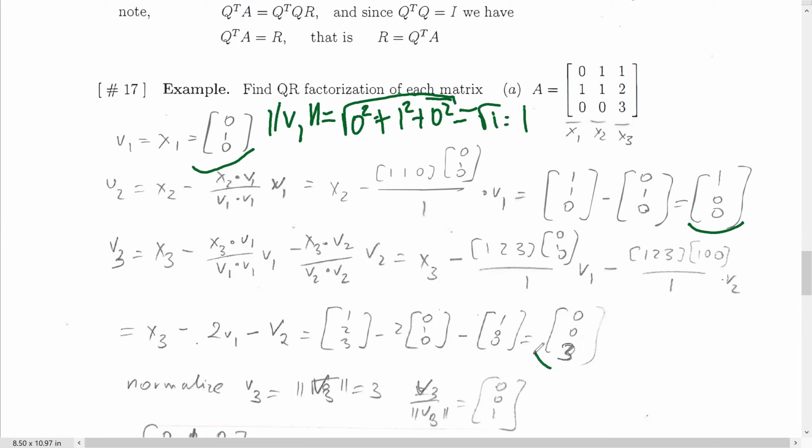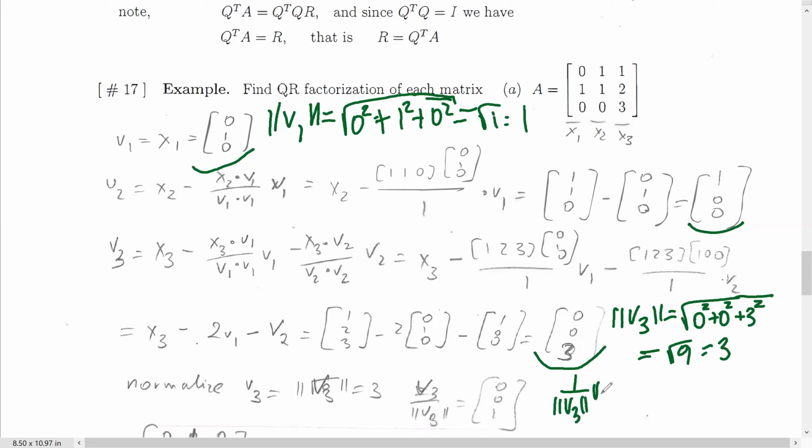But the v3 vector does not have length 1. If I check the v3 length, it would be the square root of 0 square plus 0 square plus 3 square. So the length is the square root of 9, which is 3. So if the length is 3, we need to normalize it. So I would take 1 over the norm of v3 times the v3 vector.